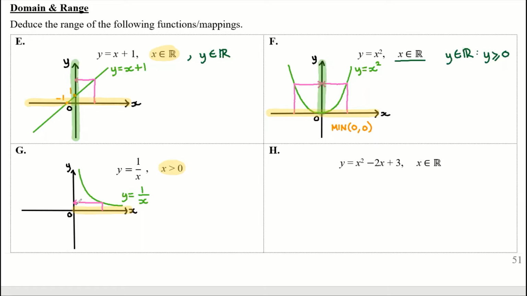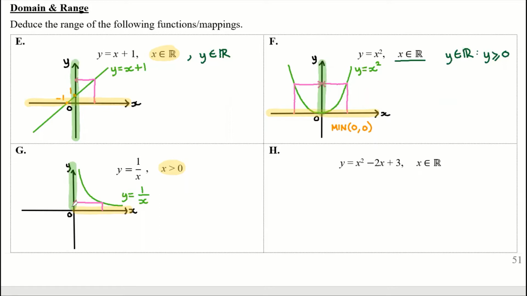Now, if you look at the projection, like a shadow cast by the function on the y-axis, as if you were shining a torch from right to left against the function, it would cast a shadow on the y-axis along here. And that gives you a fairly intuitive picture of what the range is going to be.